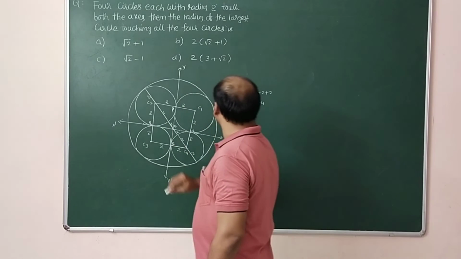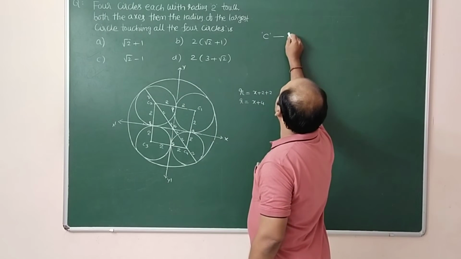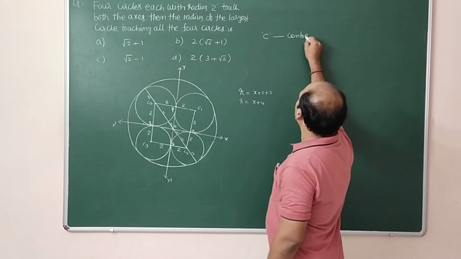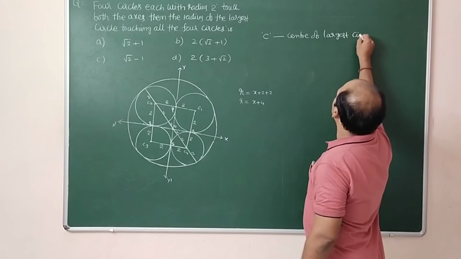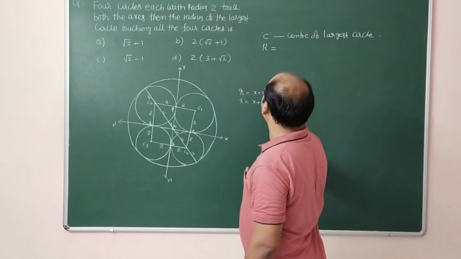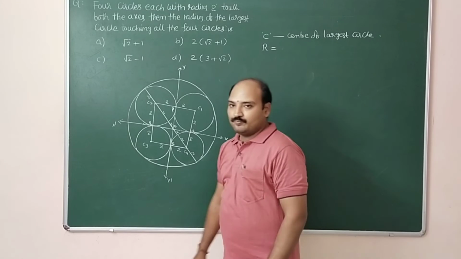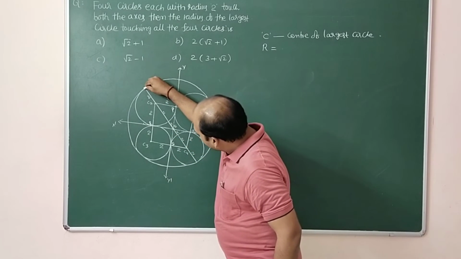C is the center of the largest circle. Radius, take it as capital R. Capital R equal to, from here to here, no?